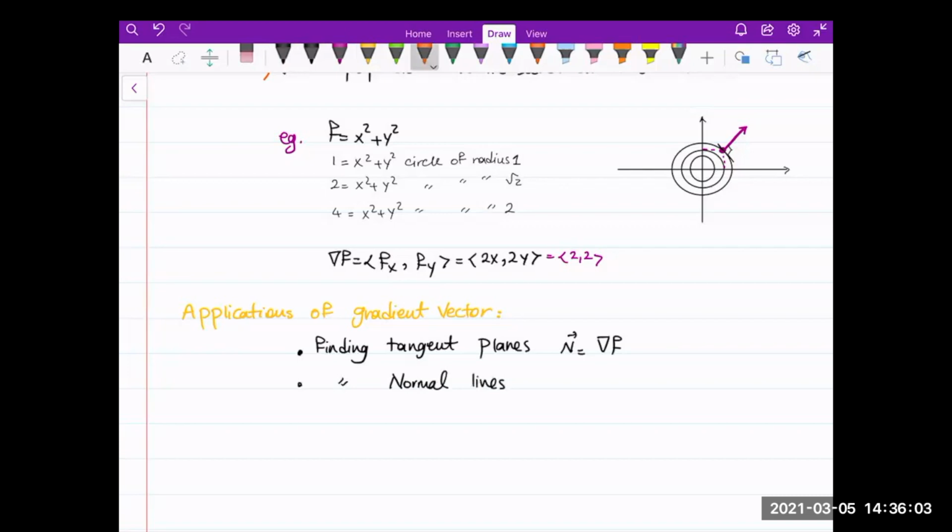Basically, they are the lines that are perpendicular to the surface of F. So in that case, the direction vector for the line would be the gradient vector.